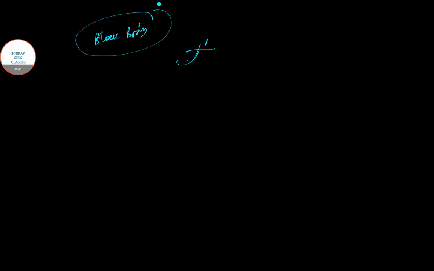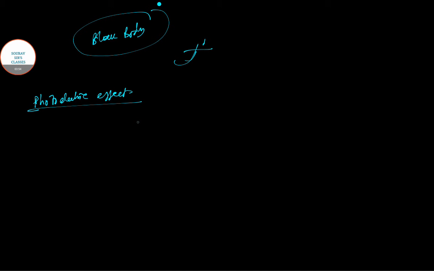The photoelectric effect also comes into this progress. What is the photoelectric effect? When light of frequency more than the threshold frequency, v0, strikes a metal surface, it ejects electrons. This ejection of electrons from a metallic surface is called the photoelectric effect.